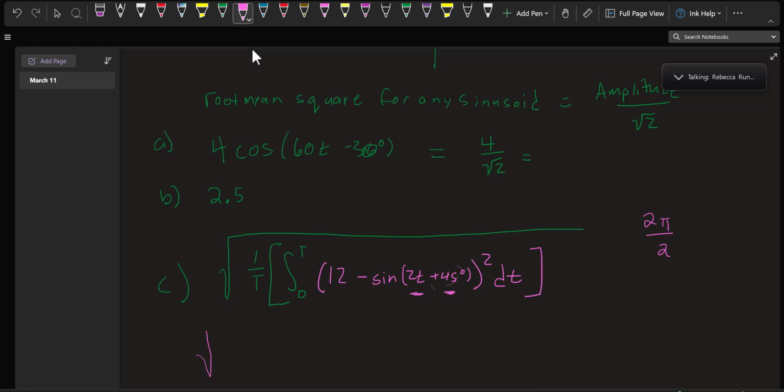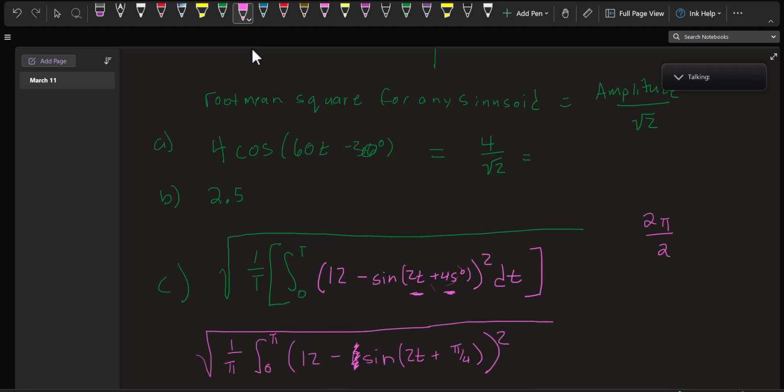So if you wanted to do this on the calculator, it'd be 1 over pi times the integral from 0 to pi of 12 minus sine 2t plus pi over 4, all squared, dt.